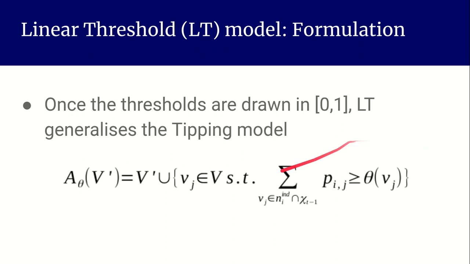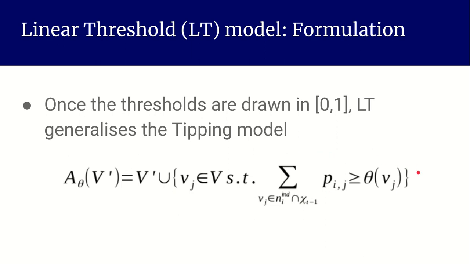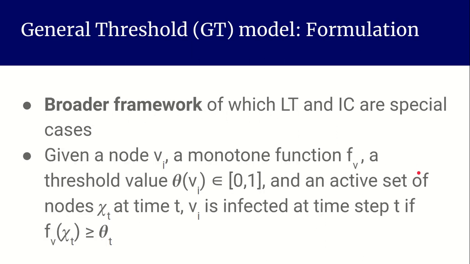Now the monotone function can be anything, because you don't need to have it stated as a union of sets. It can be anything, but the output of that monotone function f sub v should be bounded between 0 and 1 because we're talking about probabilities.